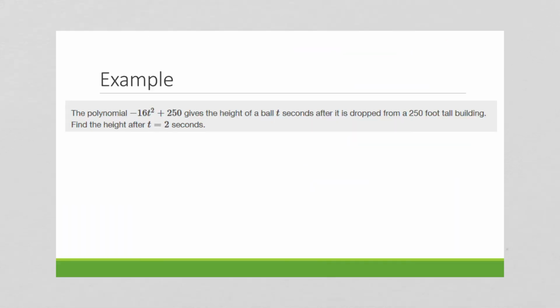All right, so the polynomial -16t squared plus 250 gives the height of a ball t seconds after it's dropped from a 250-foot tall building. Find the height after t equals 2 seconds. So I'm going to put 2 in where I see t.